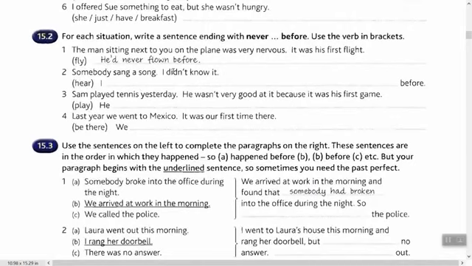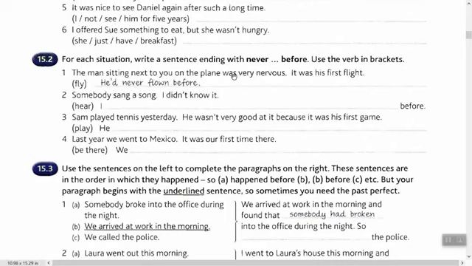He'd never flown before. The man sitting next to you on the plane was... You see? For example, I tell you I traveled six months ago, and there was a man on the bus. You see? I've traveled or I traveled last year to Egypt, for example. And there was, you see, I'm talking in past tense, someone sitting beside me. He was very nervous. It was his first flight.